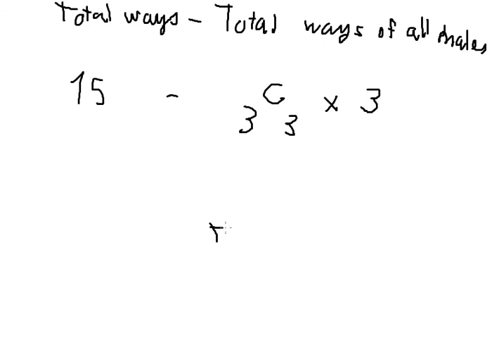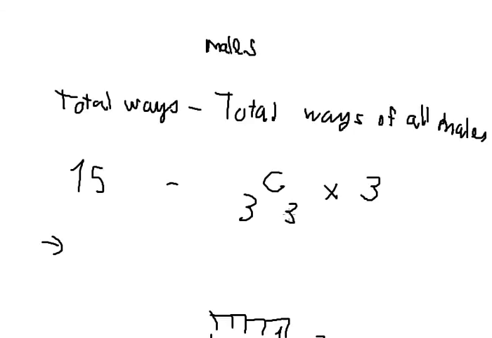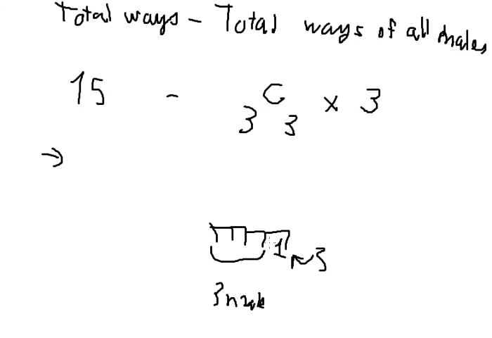That means in the group of 3 males, we have one slot for 3 people. That's why we need to multiply by 3. But we see that this one is female, so we don't have any way to make a group of 4 that is all male.